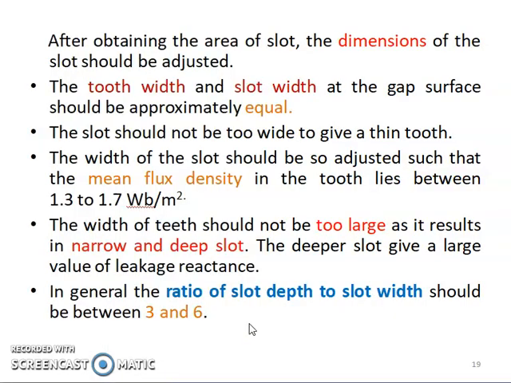Then let me take some concluding remarks regarding the advantages and disadvantages of choosing a large number of slots.